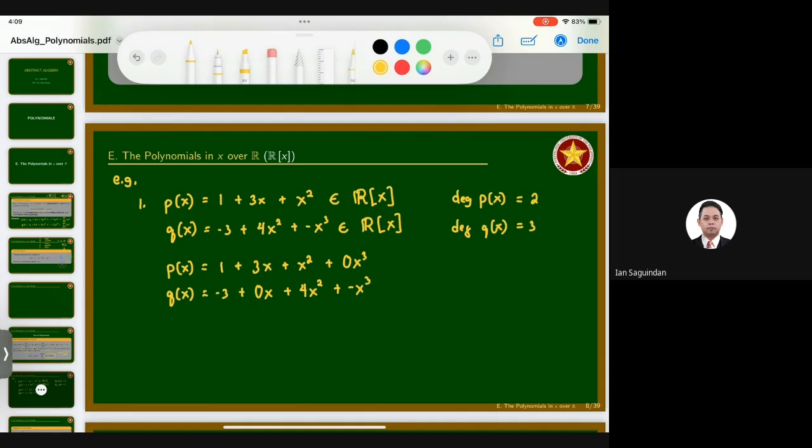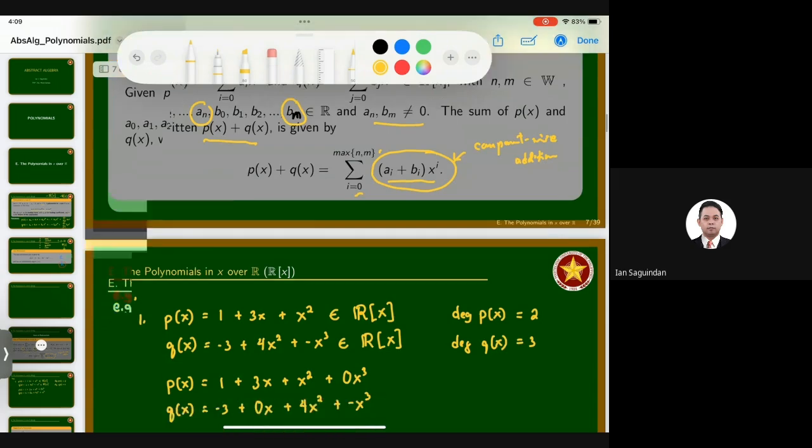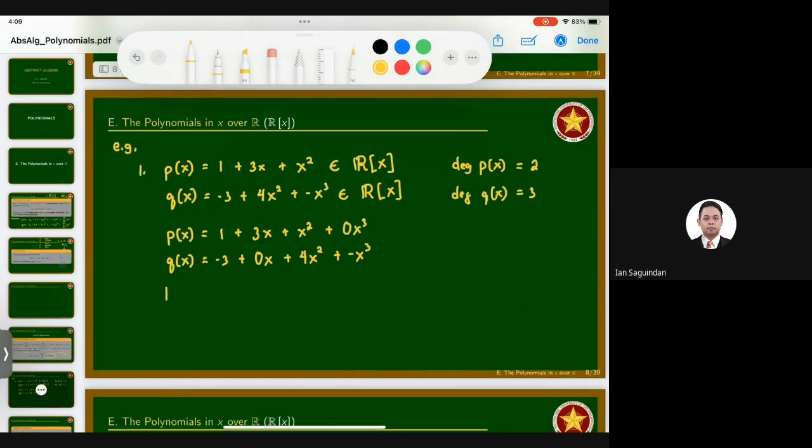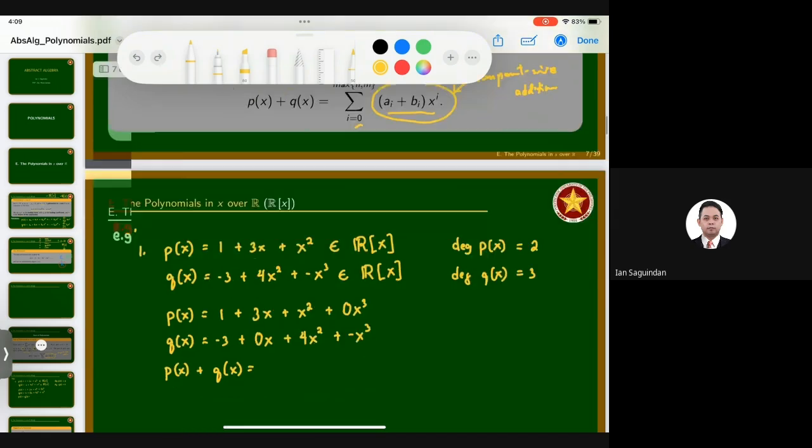With the introduction of the zero coefficients of the missing terms, it is now possible to proceed with pairwise addition. So we have p of x plus q of x. We start with adding from x to the 0, and that is the constant terms.